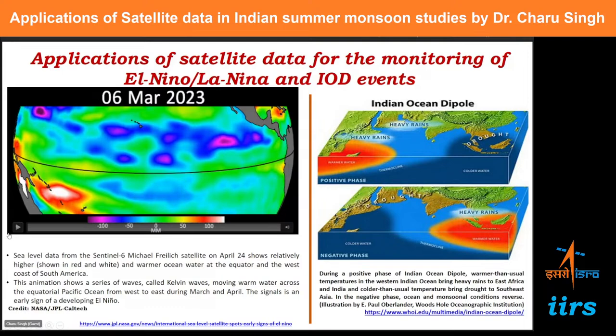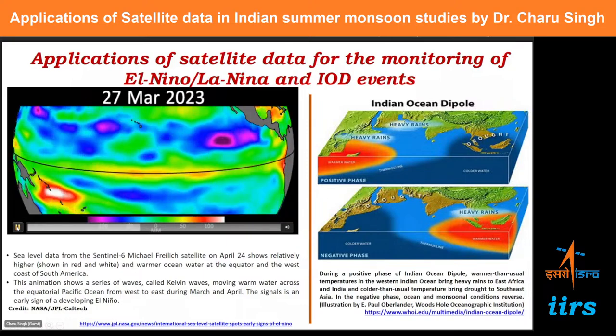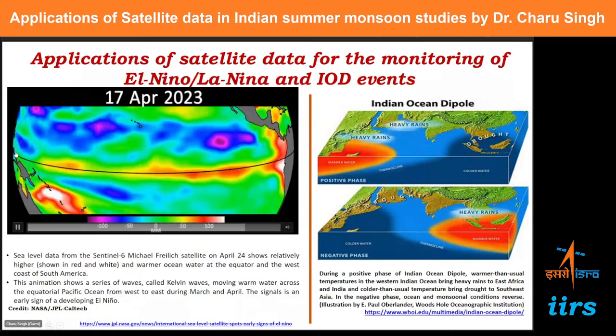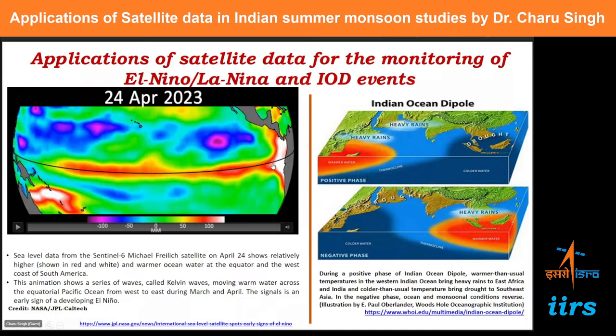Now, satellite data sets also provide very rich information over the oceanic region in the form of sea surface temperature data and also the sea level data, or the sea surface height. Here in this animation, the movement of the warmer water from the western side to the eastern side is shown for the year 2023. So in this year, there is a development of El Nino in the Pacific region.